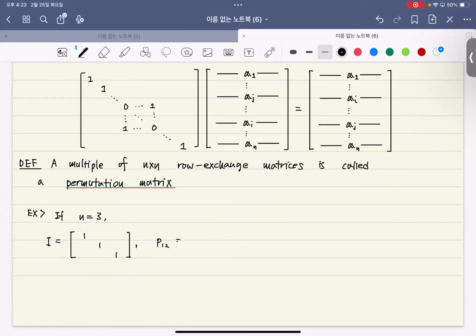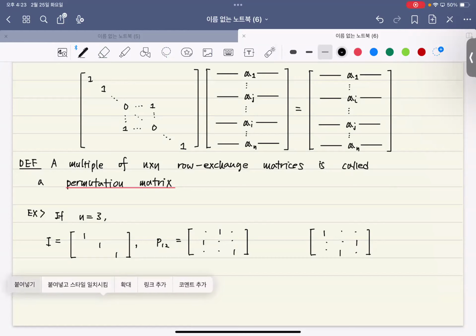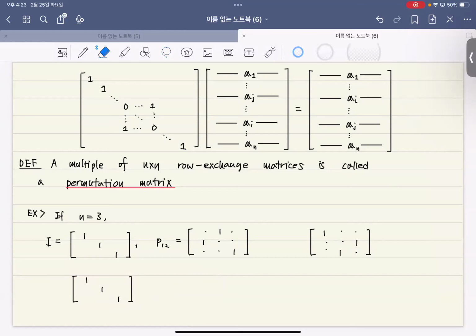And I have 3 different row exchange matrices: P1,2, P2,3, and P1,3.